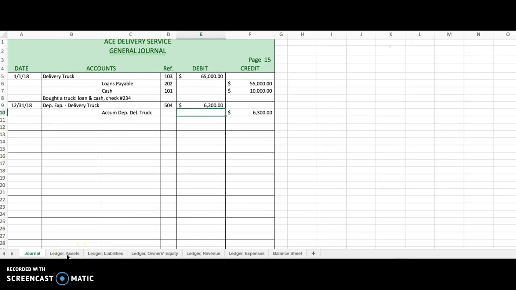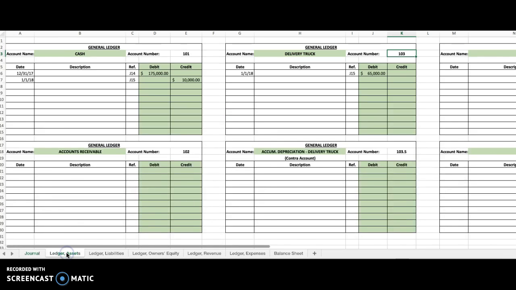That is the contra account. That is listed under assets, but it's called a contra account, which means opposite, actually. That's a credit of $6,300. And again, that comes from journal page 15. And you notice that the account number is 103.5.